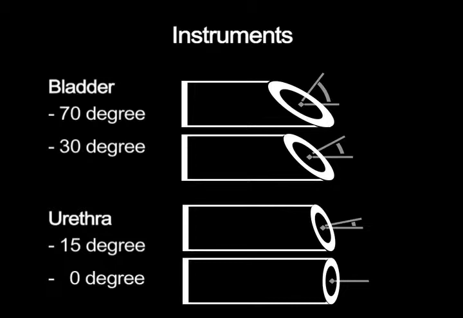In some cases, when examining both the bladder and the urethra, it may be necessary to switch between a scope whose angle is best utilized to examine the bladder and a completely different scope with a more direct angle to examine the urethra.